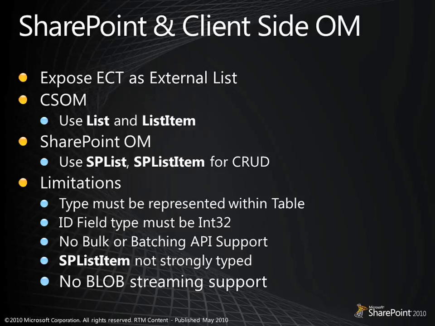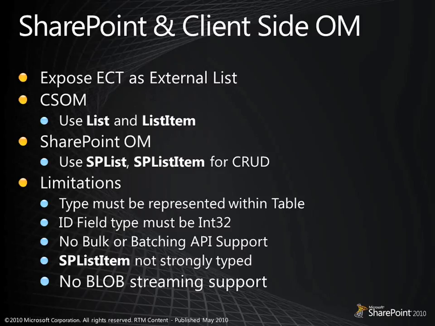There are a few limitations to this approach, however. The line of business types must be able to be represented within a table. Some very complex line of business systems have data objects which do not lend themselves well to being formatted in a table. The ID field, or the primary key, must be of type int32.